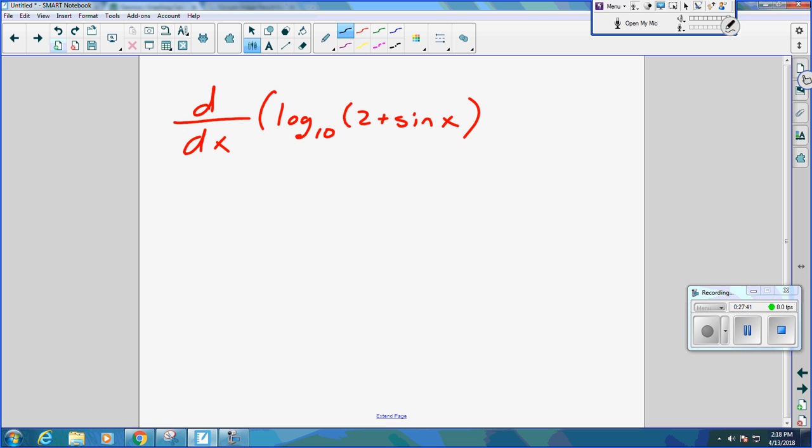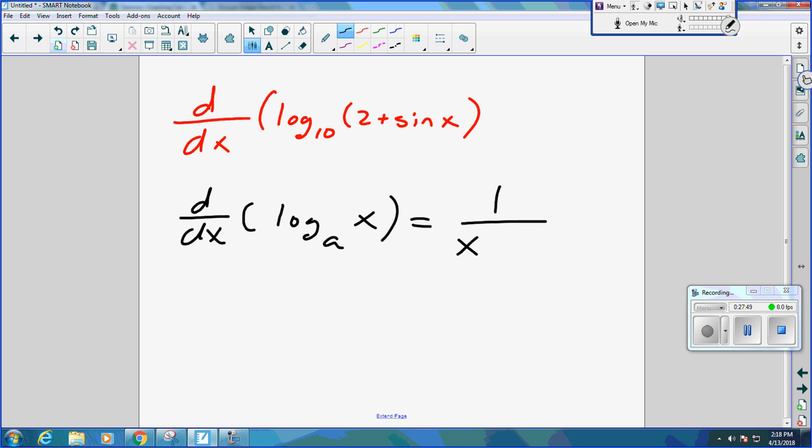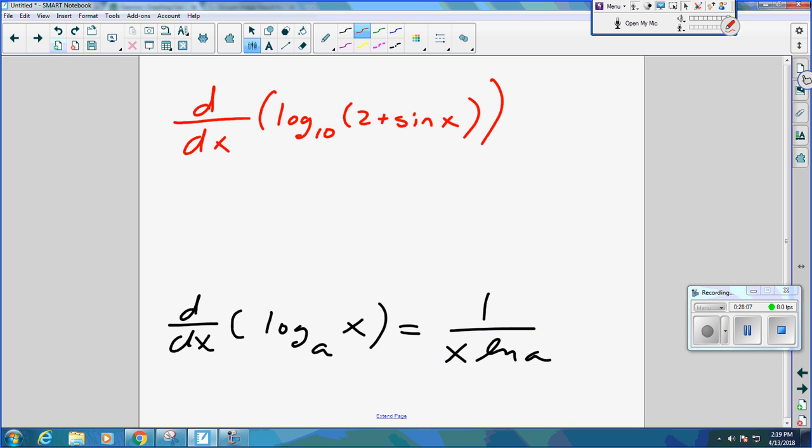And again, our rule that we just talked about, I'll put it up so it's underneath it. Log a of x: 1 over x, because there's the ln portion, and then there's the constant portion. Everyone, you take a look at this, you're going to have a chain rule, right? You got log 10 of something. So in red, this is our rule.